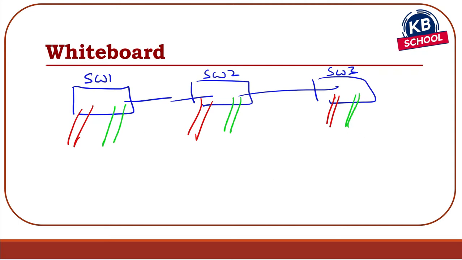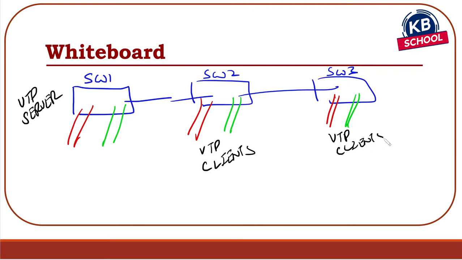When I set up VTP, let's say I set this guy up as my VTP server, and these are my VTP clients. Now, I have the VTP clients over here.